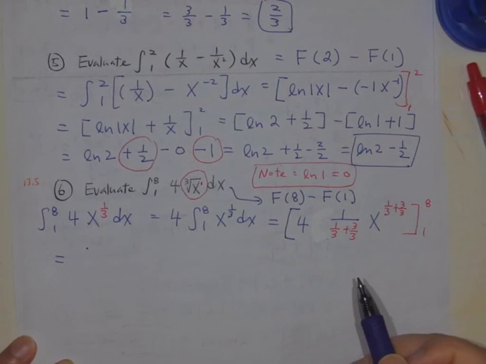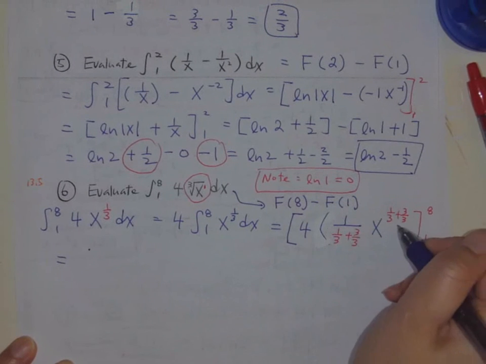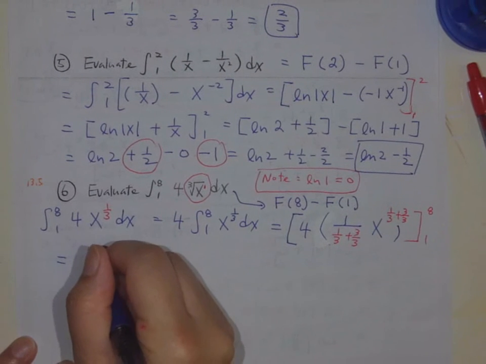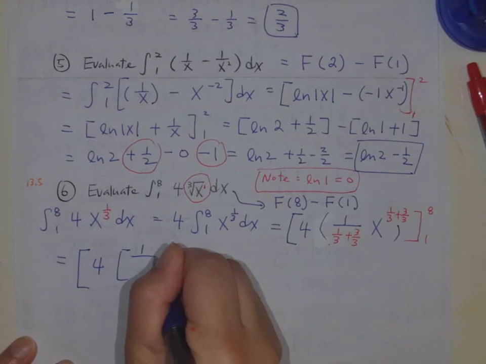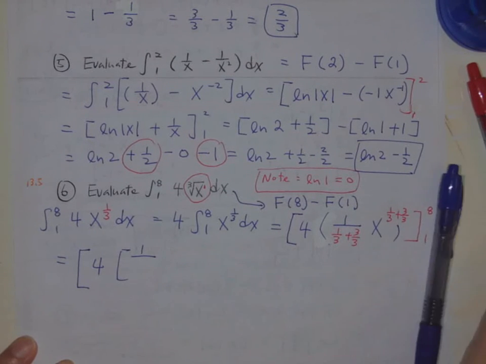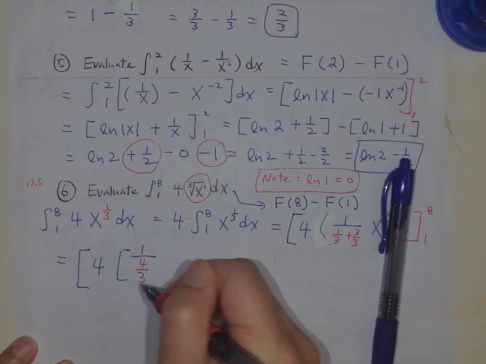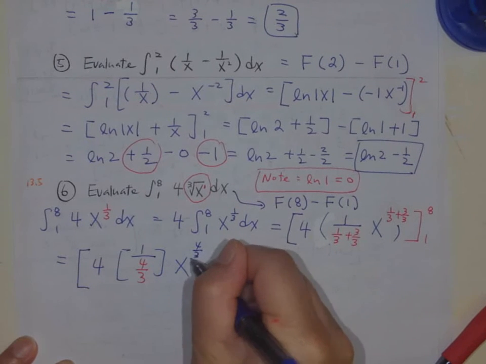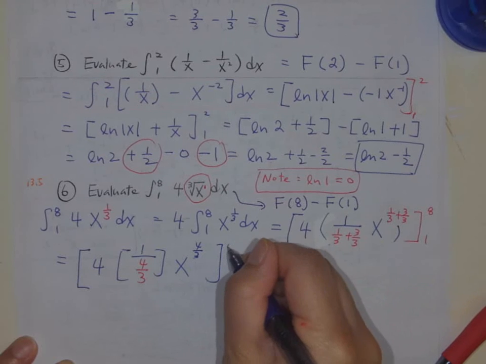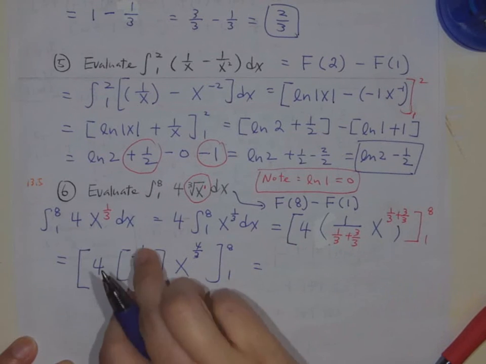Okay, so now we got 4 times 1 over 4/3, and x raised to 4/3, and then we need to plug in 8 and 1. So this is basically a flip, right?